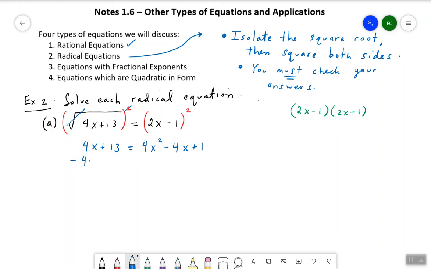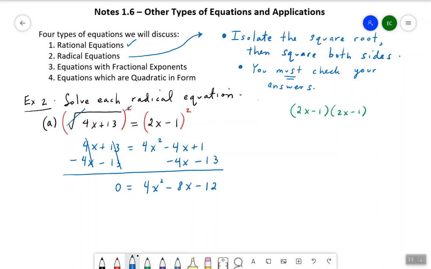So let's do minus 4x on both sides, and let's do a minus 13 on both sides. And so we've got our quadratic set equal to 0. And then we can make a decision whether we want to use factoring or the quadratic formula to finish solving.